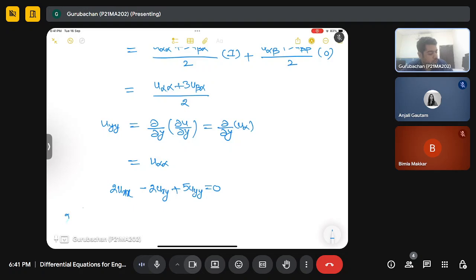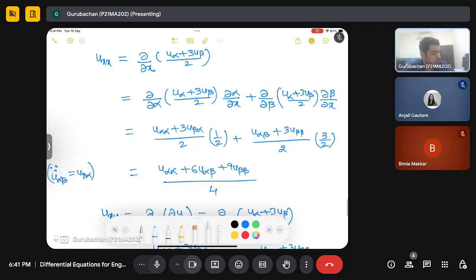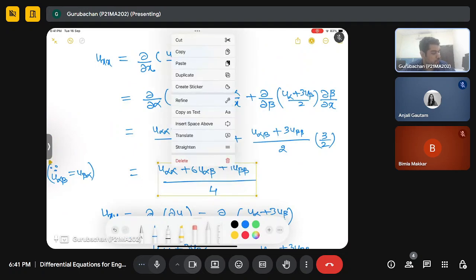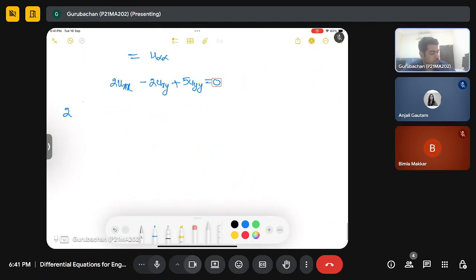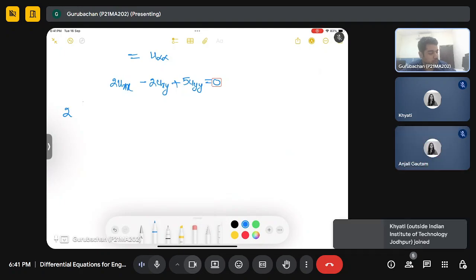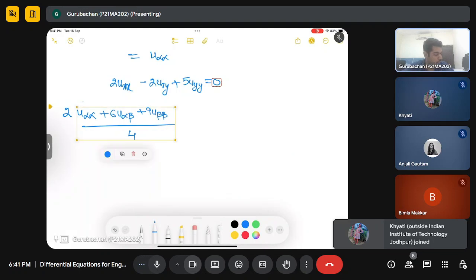So we have 2 times this uxx, and this is the value of uxx, so we will substitute it here. This is the value of your uxx.